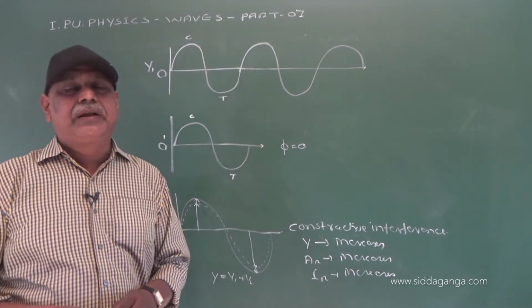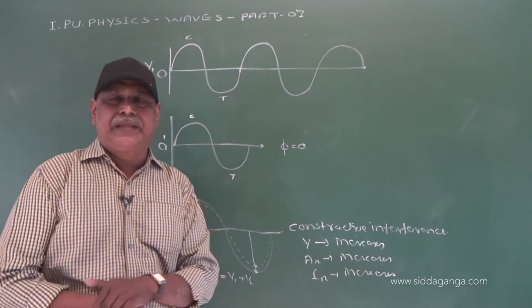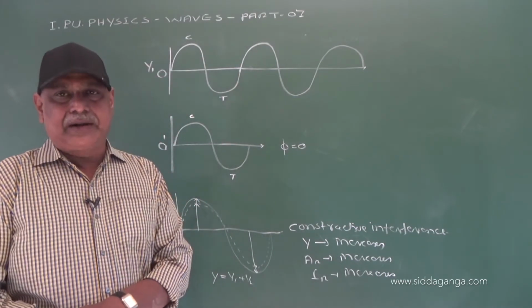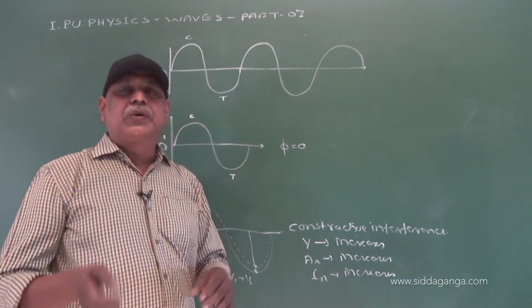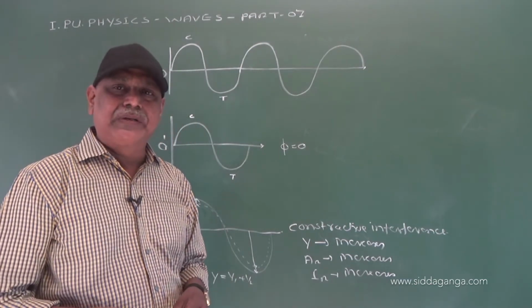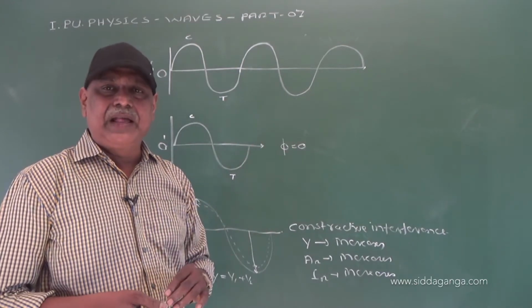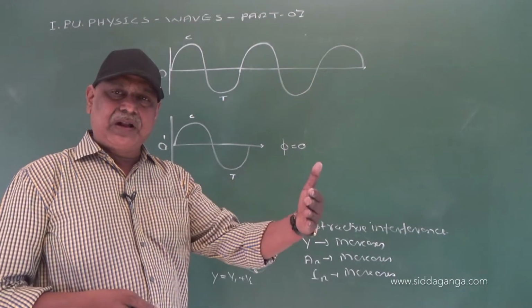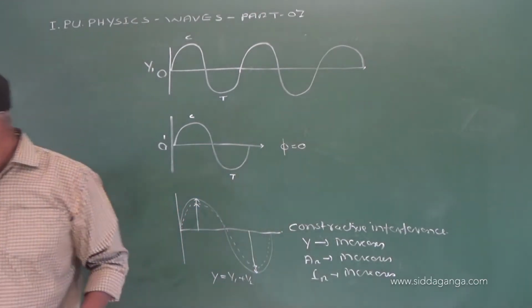When constructive interference takes place, crest of one wave falls over crest of the other wave, and trough of one wave falls over the trough of the other wave. In case of longitudinal waves, compression of one wave falls over compression of the other wave, and rarefaction of one wave falls over rarefaction of the other wave.